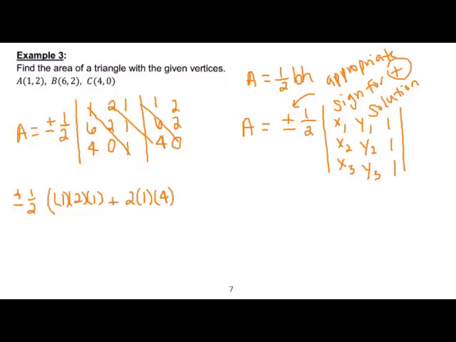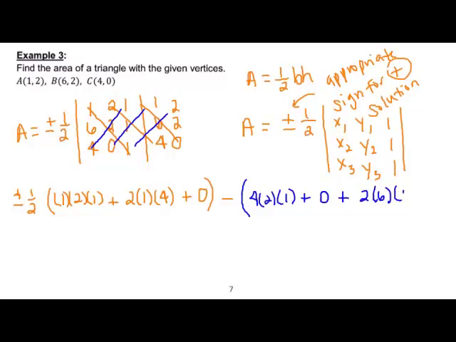And our third diagonal is 1 times 6 times 0. We know anything times 0 is 0. And we're going to subtract that from our other diagonals. So we have 1 times 2 times 4 plus 1 times 1 times 0, which again is 0. And lastly, we have 2 times 6 times 1.